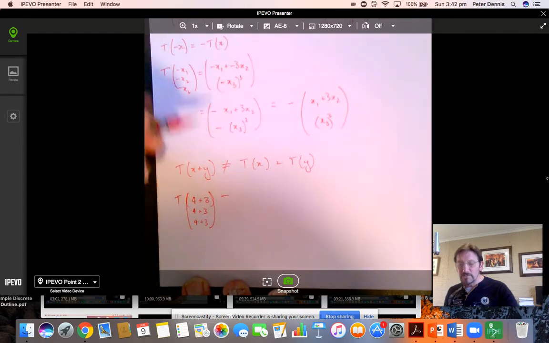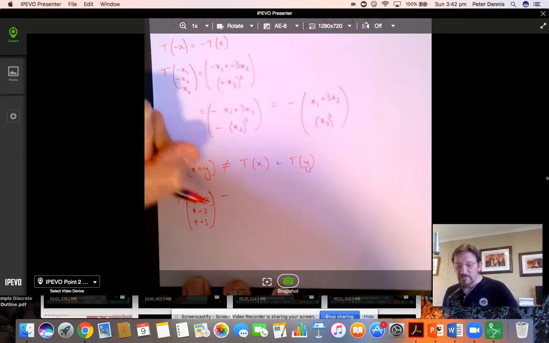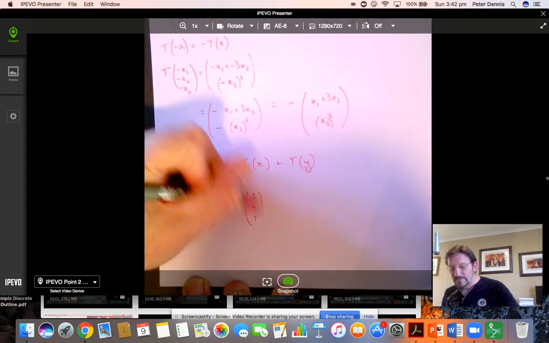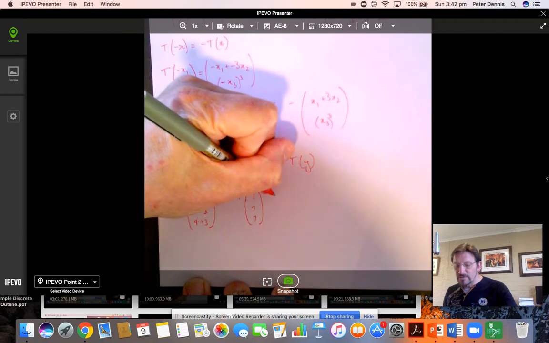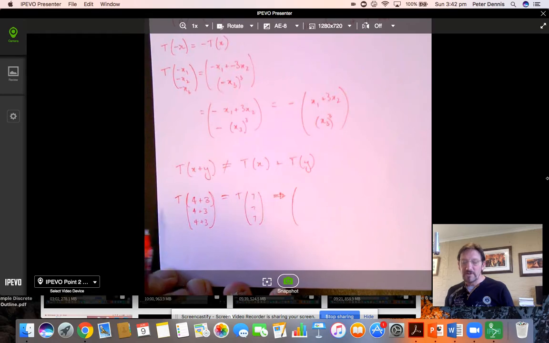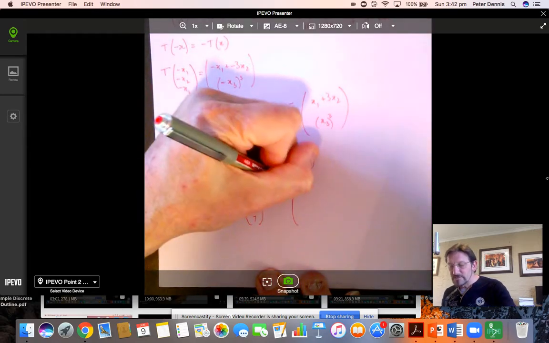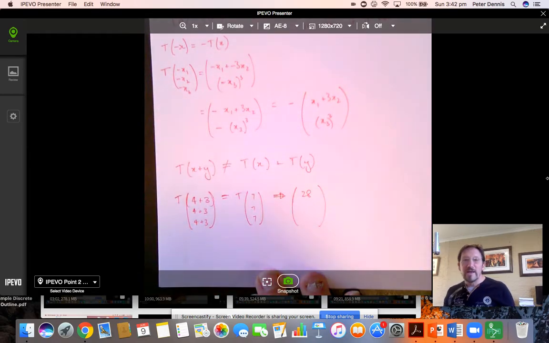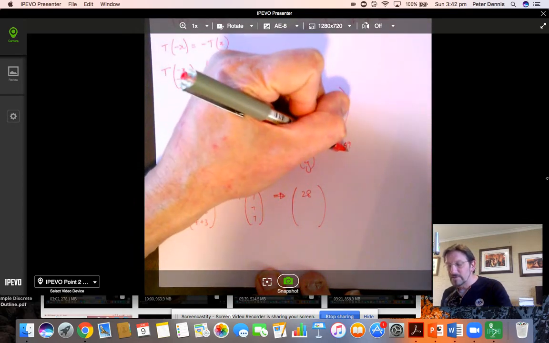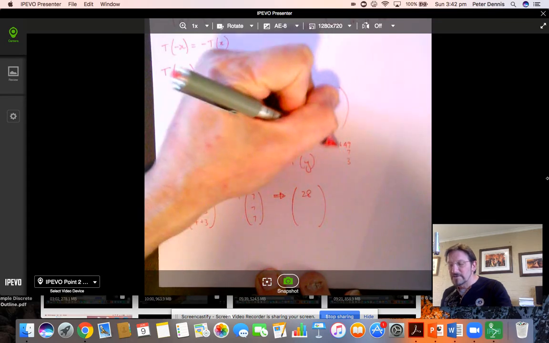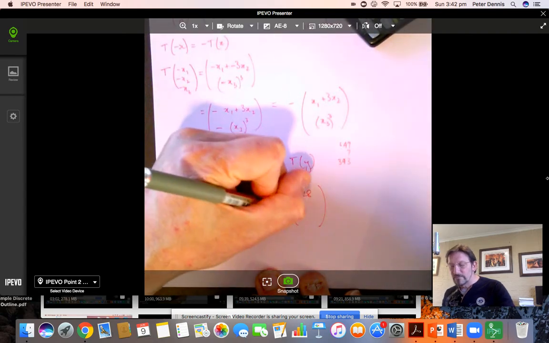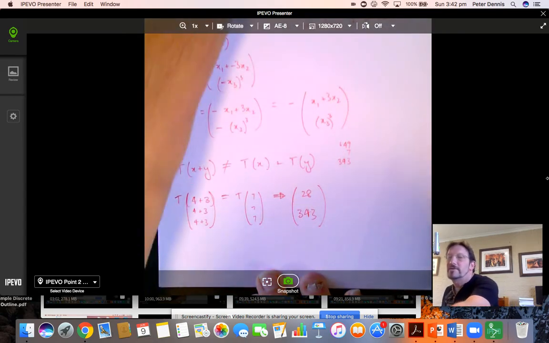Well, this is really the transformation of 7, 7, 7, which the top is going to be 7 plus 3 times 7, which is 28. And 7 cubed, which is 343. I should have thought of that beforehand and not used such a big number.